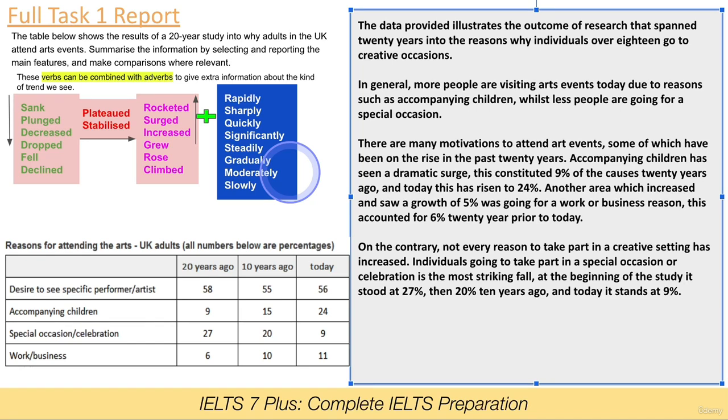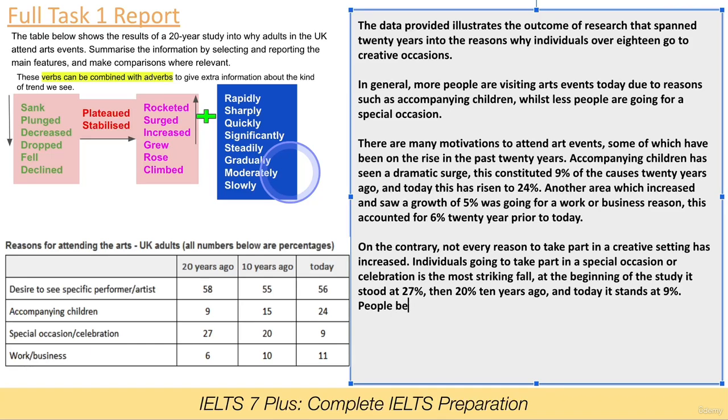Now let's just touch upon a desire to see a specific performer or artist. People being inspired to go and see, or maybe we can be more specific.